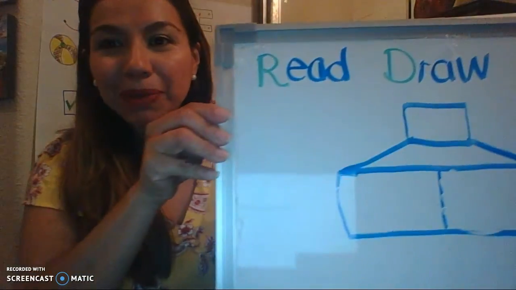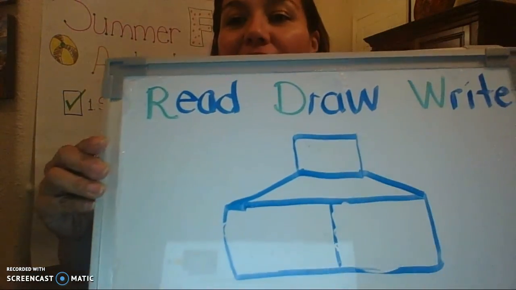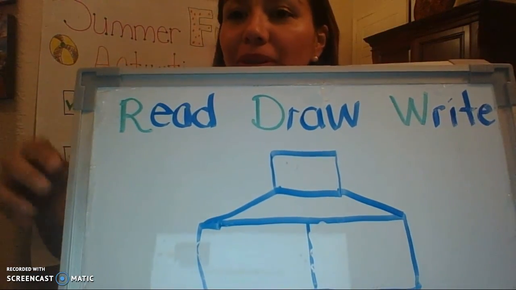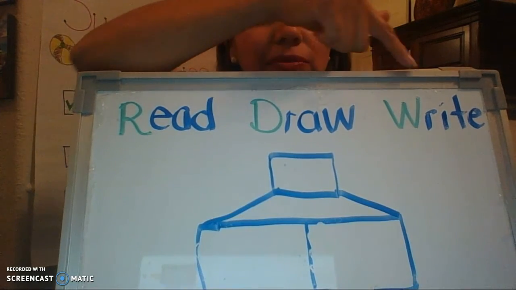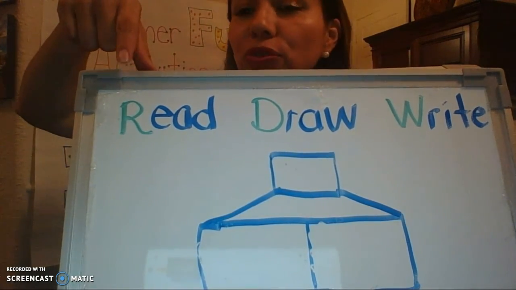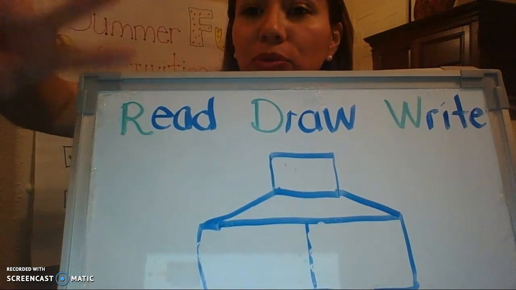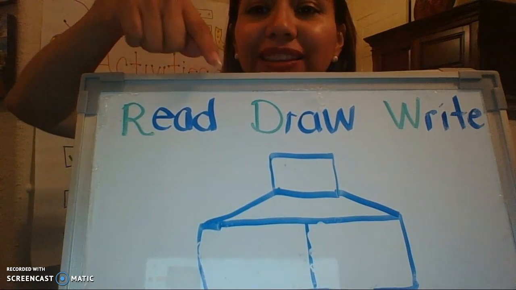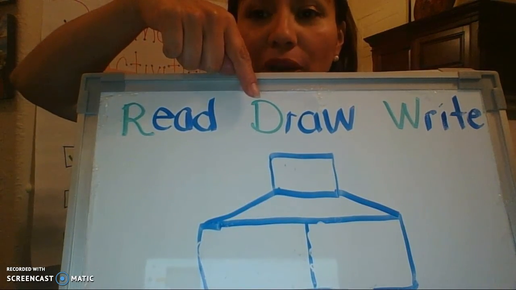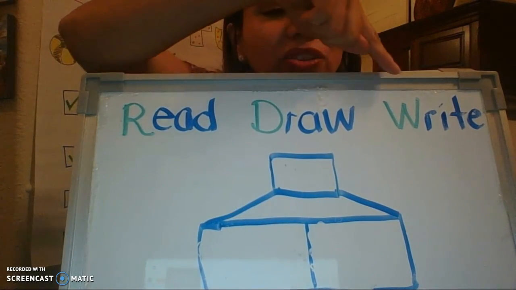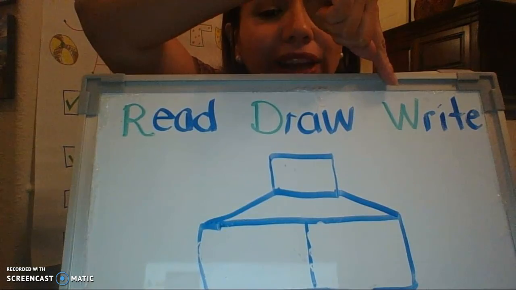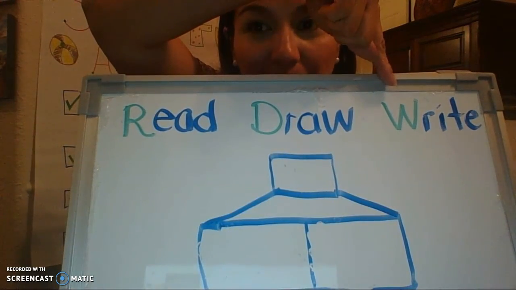Okay, well, let me remind you. The read, draw, and write. First you're going to read the problem 2 times. Then you're going to draw a picture to help you. Then you're going to write your answer with a label.